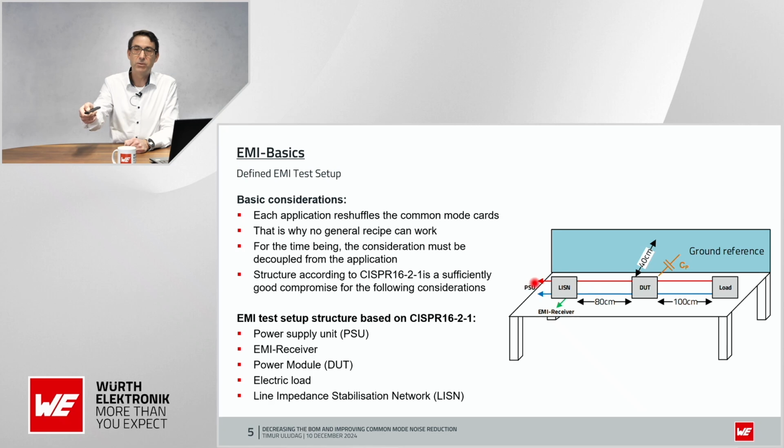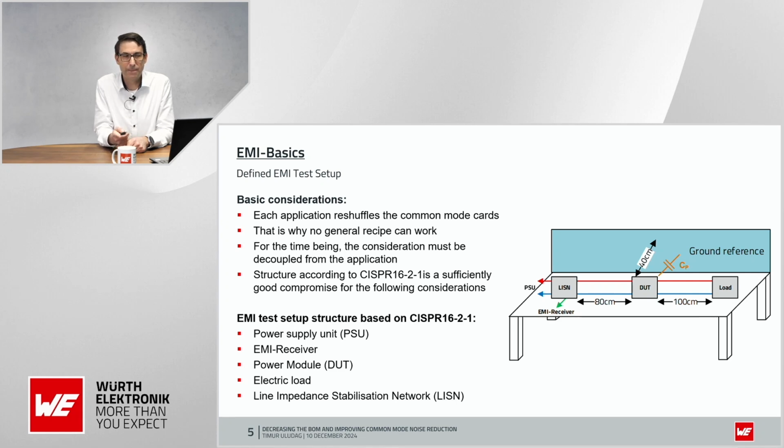We have the power supply and the load. And here we have the parasitic capacitance to the ground reference. This test setup is defined by CISPR 16-21 and is suitable for us so that we can judge the different layouts and how the EMI performance is.